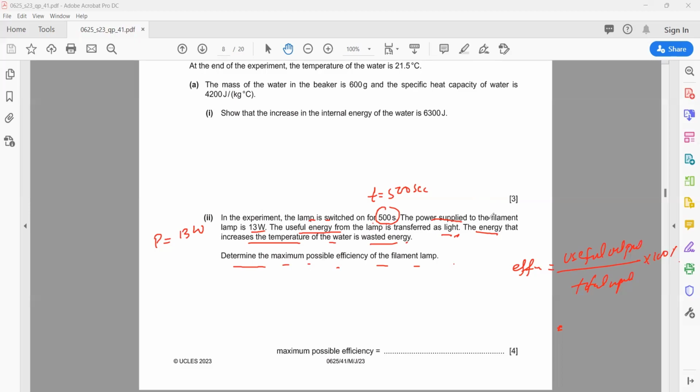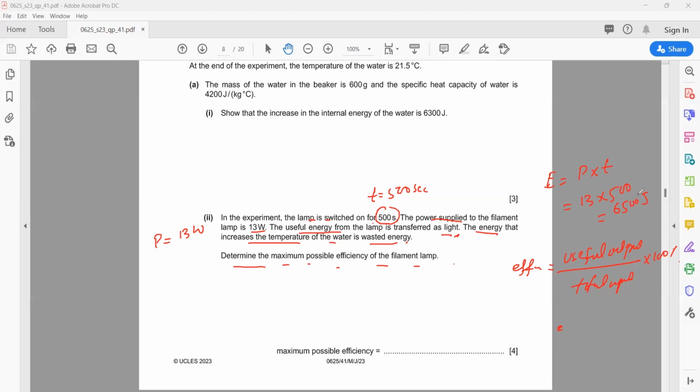For example, one formula you can use: energy equals power times time, E equals P times t. So here power is 13 and time is 500. If you multiply it, you get 6,500 joules. This is the total energy supplied to the bulb.